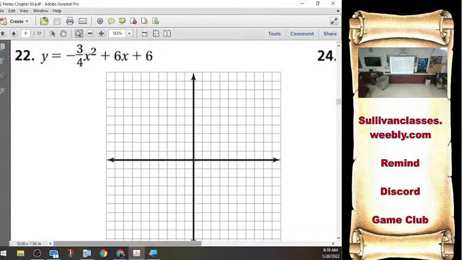They're like, oh no, there's a fraction. We're gonna die. Or it turns out it's actually not that bad when you find your vertex. It's big, it's not fractiony.